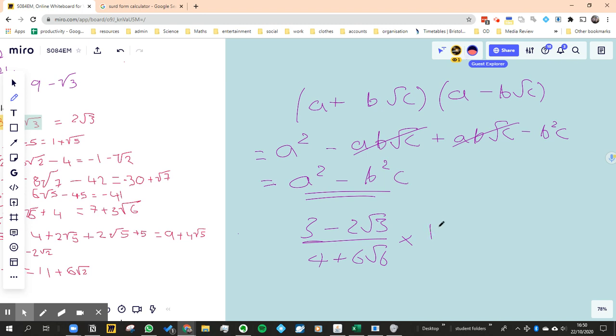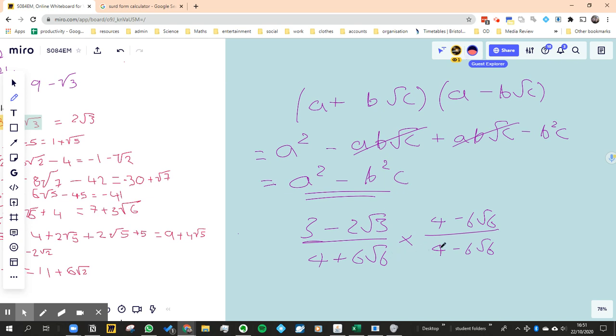This is how we simplify things. You can always times something by 1, and it'll be the same thing. So 1 could be anything divided by itself, right? So whatever you multiply it by, you just multiply it by the opposite of this one, just like this one over here. So we multiply it by 4 minus 6 root 6, and then we have to put that on the top as well.